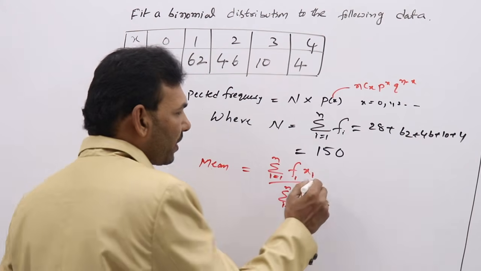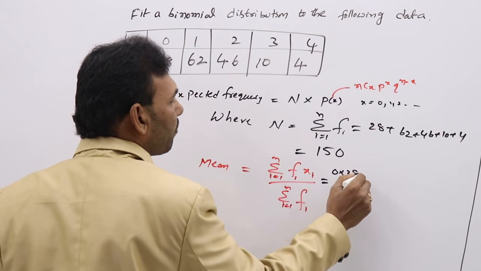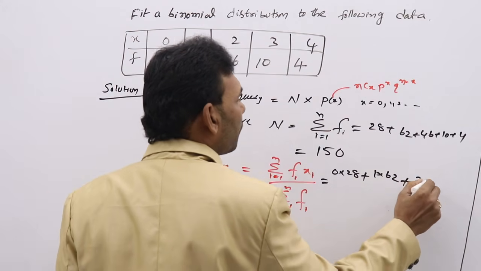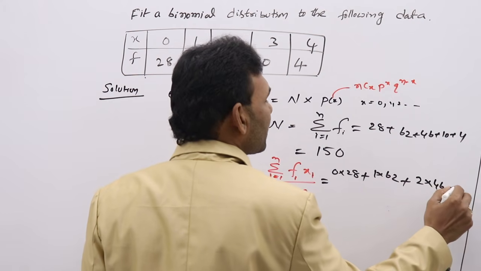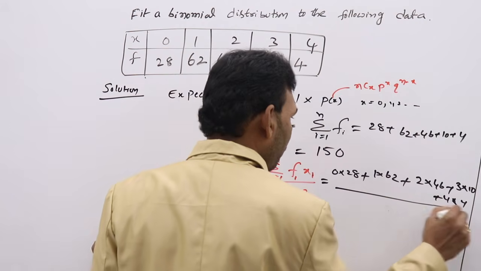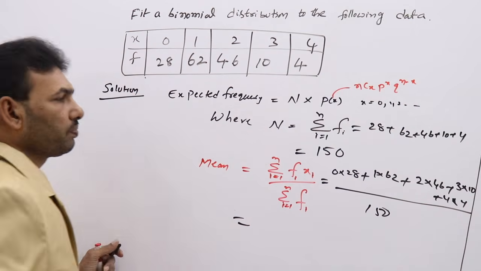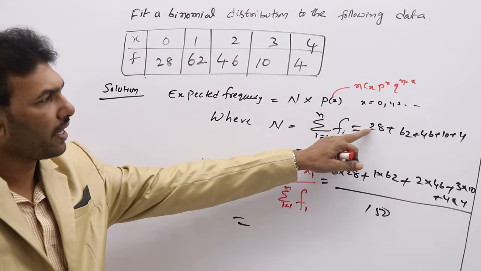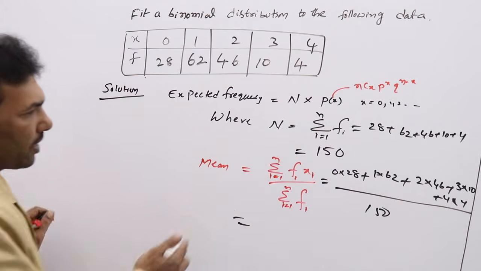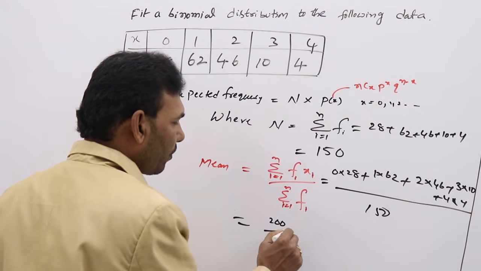Now sigma fx is 0 into 28 plus 1 into 62 plus 2 into 46 plus 3 into 10 plus 4 into 4, by sigma f, which we know is 150. Sigma f is 28 plus 62 plus 46 plus 10 plus 4. If you calculate the numerator using the calculator, you will get 200 by 150.